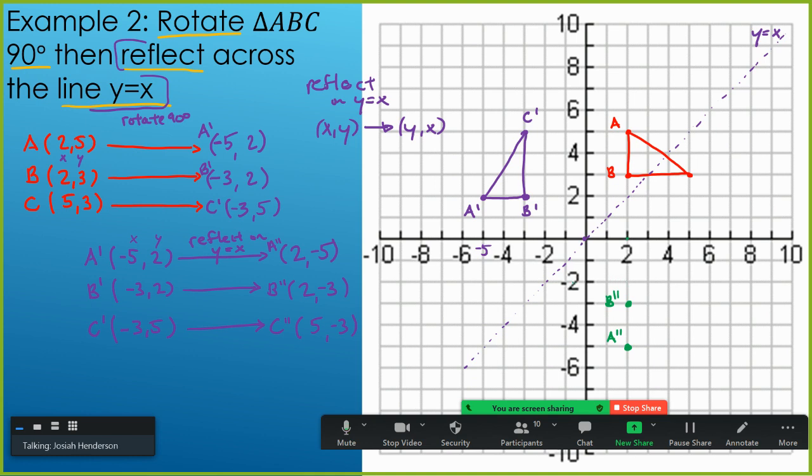And C is over 5, down 3. And there's its final spot. So from red to purple, we did a rotation, 90 degrees. Then we did a reflection against that diagonal line.